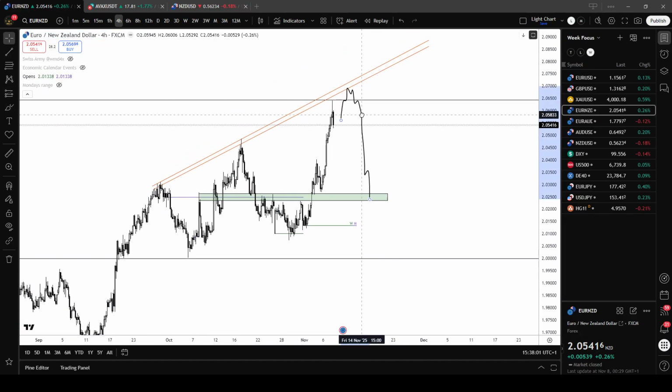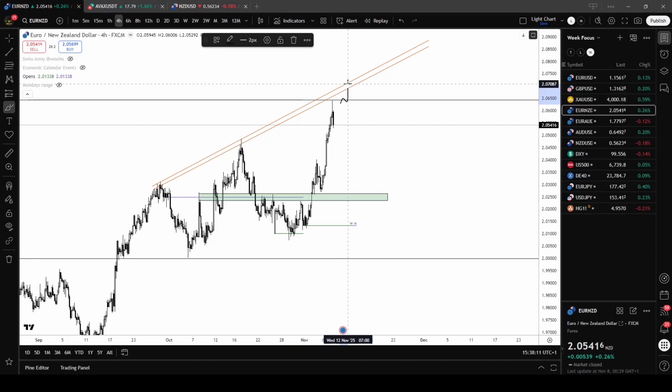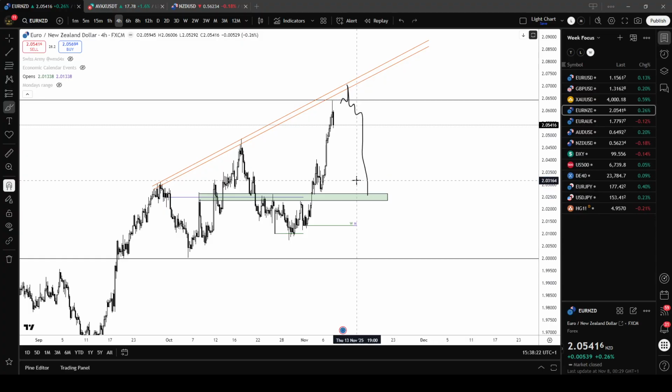So I have a similar play on Euro New Zealand, and that is to fade a spike into this channel and this level here, and probably cool off and come back into this level here. So this is my preferred play.